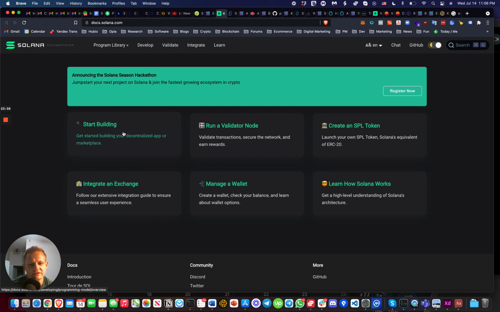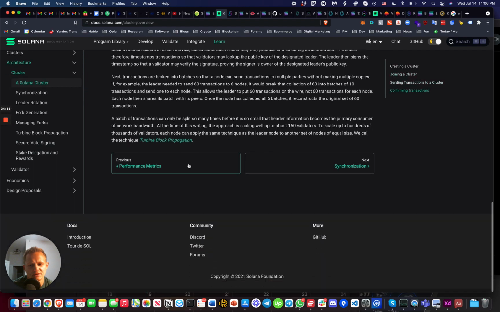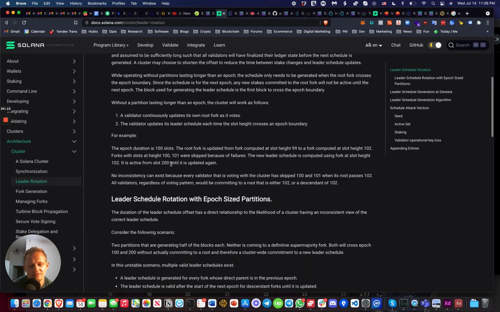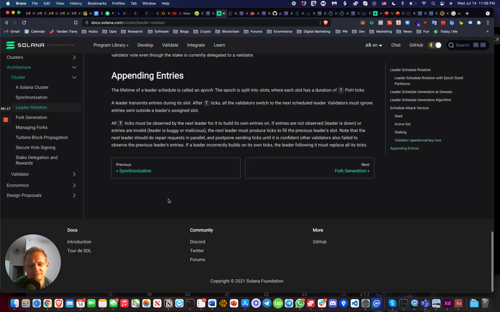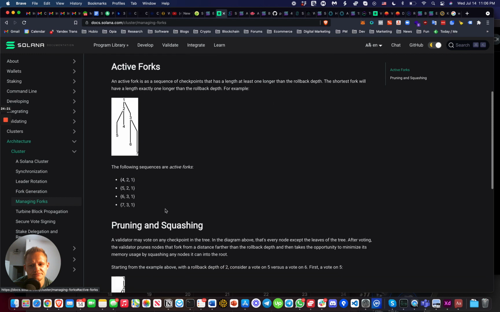Start building, manage a wallet, learn how Solana works. Create an SPL token, launch your own SPL token, Solana's equivalent of ERC-20. Integrate an exchange. All right, let's start with learn how Solana works. Okay, this is doing a little bit of reading here.